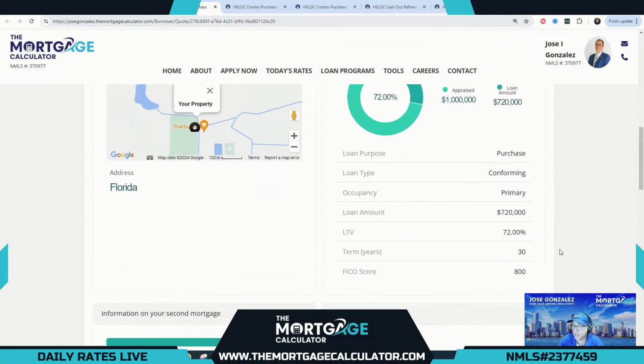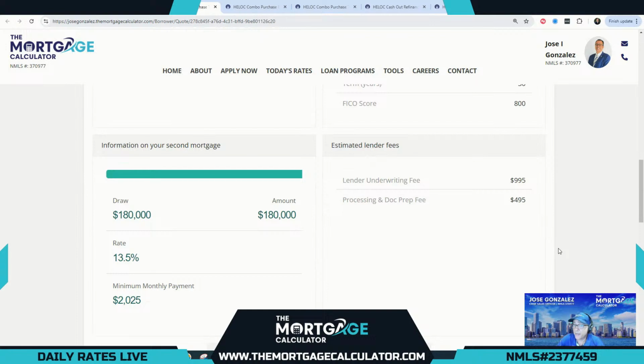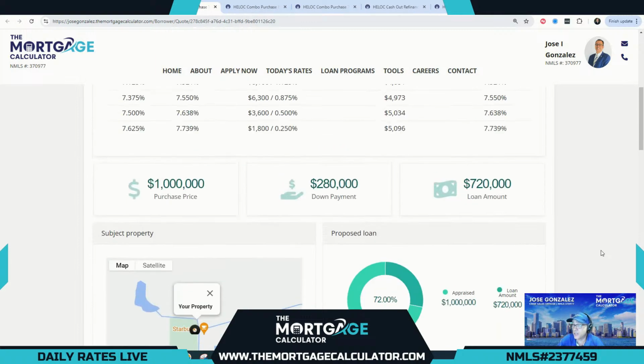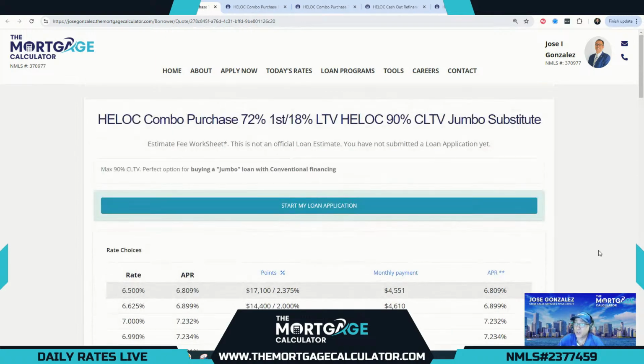And our HELOC down here at 13.5%, $180,000. And the main goal there would be for the borrower to do an accelerated repayment plan to hopefully pay that HELOC down quicker and end up with just the first loan.